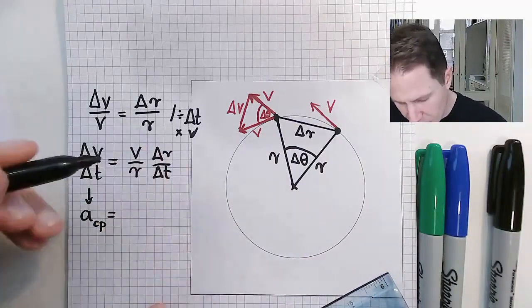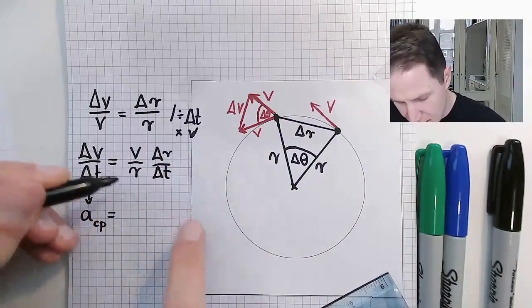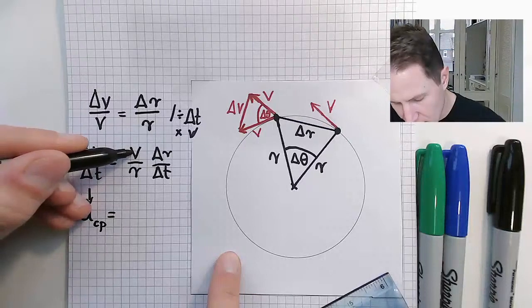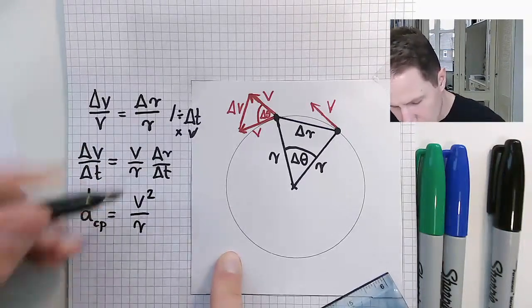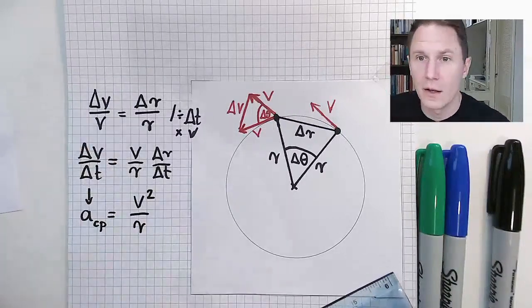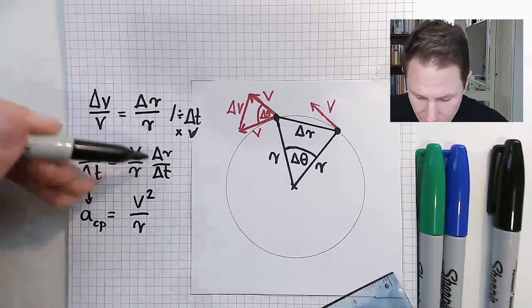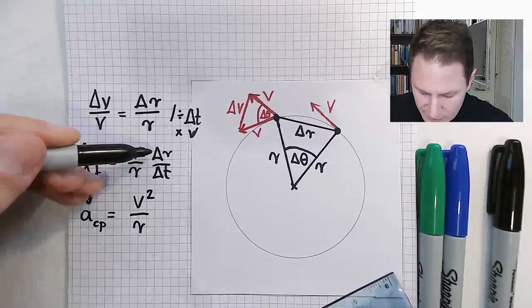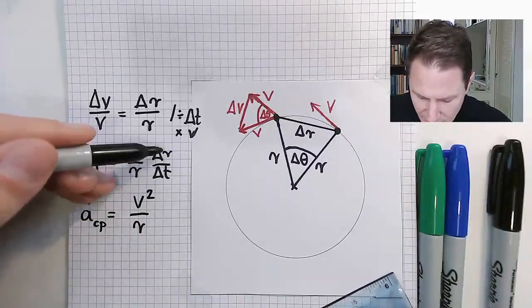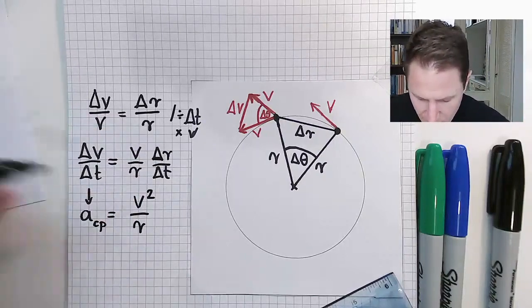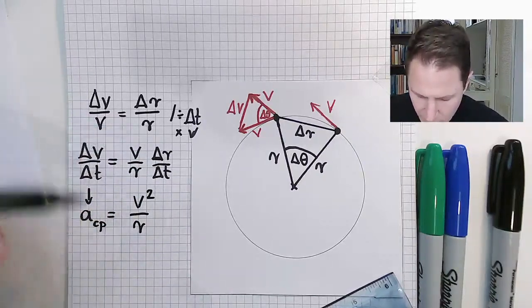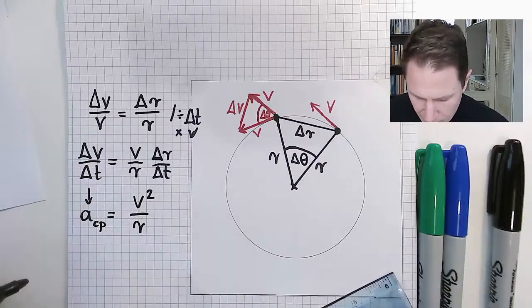And what we are getting on the right hand side is the speed squared over r, because delta r over delta t also tends to some quantity, and it's the rate, it's the distance over the time, so that tends to the speed.